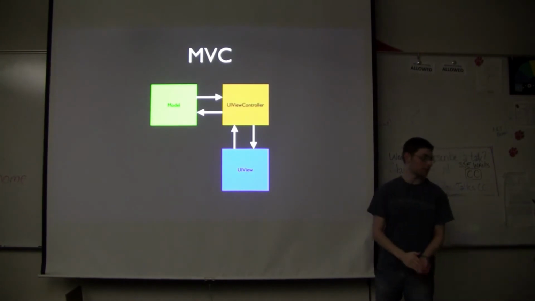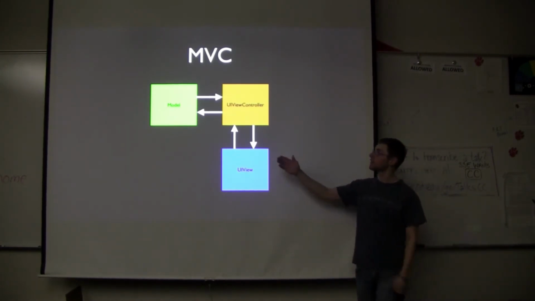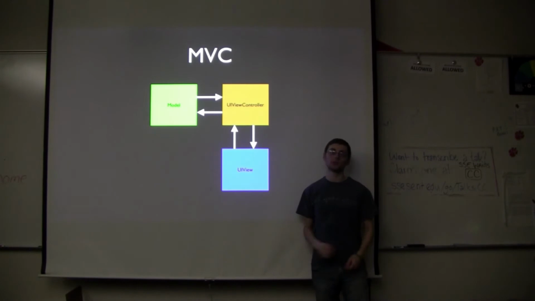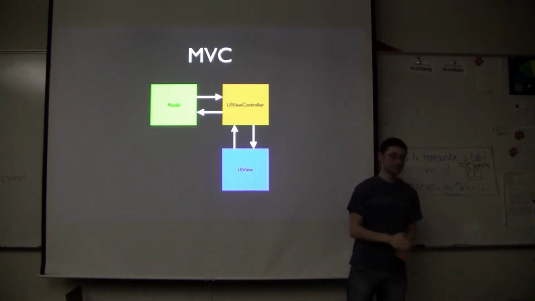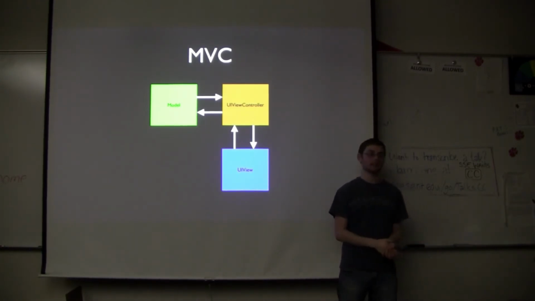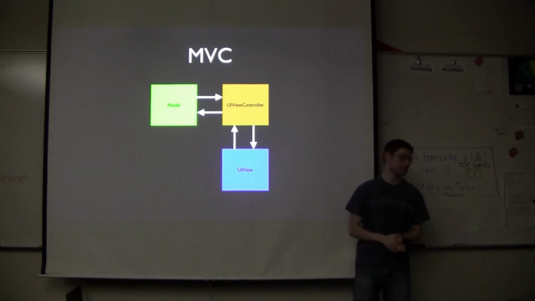Now I'm going to touch on actually bringing in models, and bringing data into your controller to put in your views. iOS and Objective-C, so this is also a Mac framework, has this wonderful thing called CoreData.